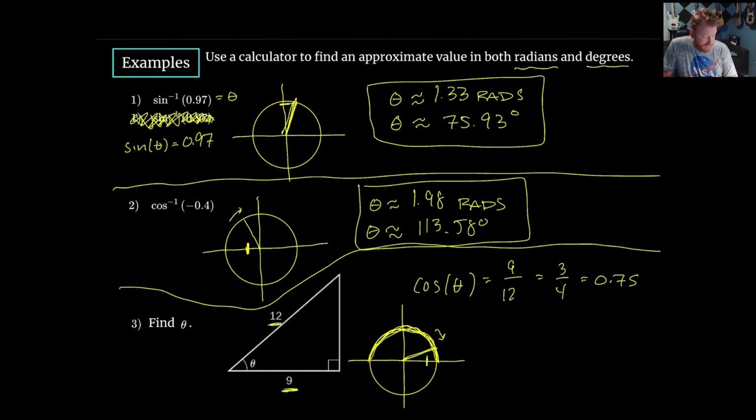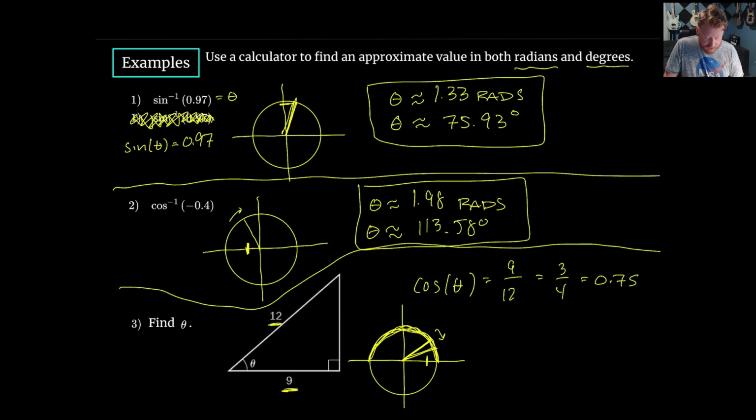So I would expect this to be a little bit less than 45 degrees. Since square root of 2 over 2, or 0.7, would correspond to this 45-degree angle here, and this is shifted over to the right a little bit, this will be a little bit less than 45 degrees.